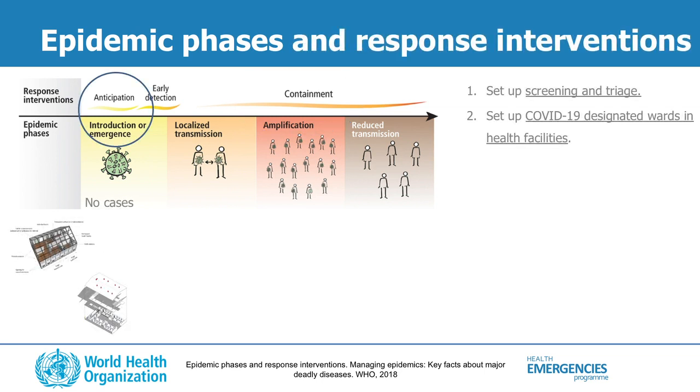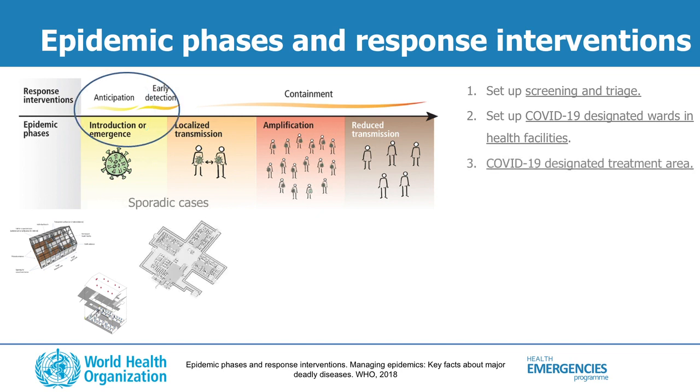For the first scenario, country with no case, the country should set up screening and triage protocol at all points of access to the healthcare system, including primary healthcare center, clinic, hospitals, emergency unit, and ad hoc community setting, and set up COVID-19 designated wards in existing healthcare facility and prepare for the next scenario.